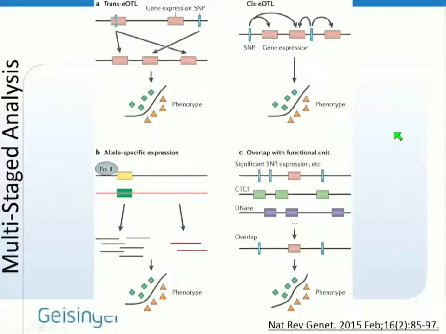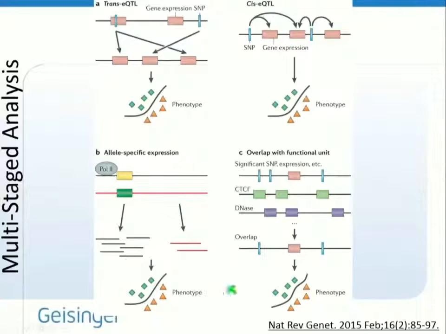So a multi-staged analysis is where you're taking one level of the central dogma to try to predict the next level and try to, in a hierarchical or stepwise way, go from DNA to RNA to protein. So we referred to things like eQTLs as being multi-staged. So it's SNPs that predict expression.